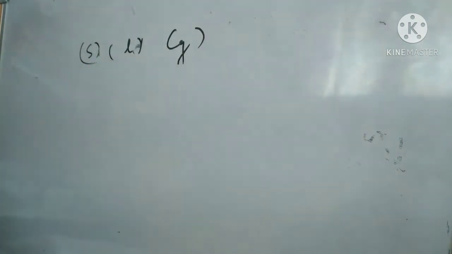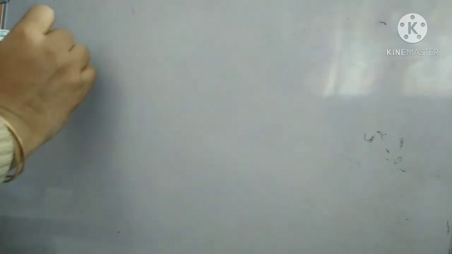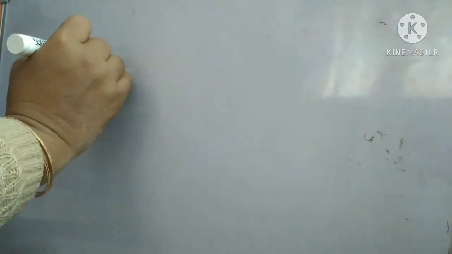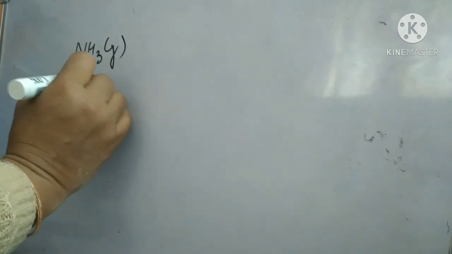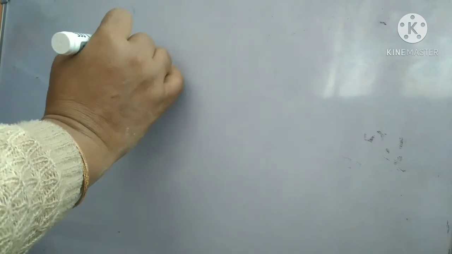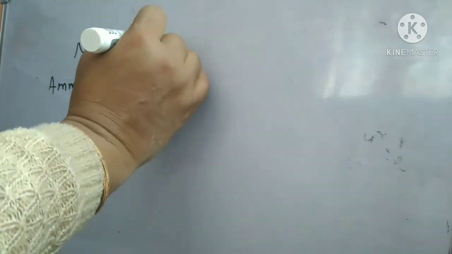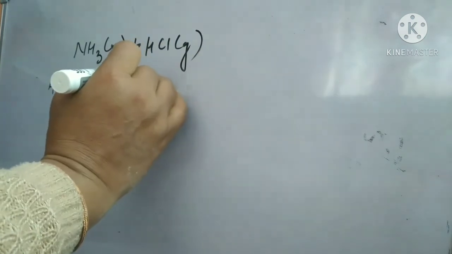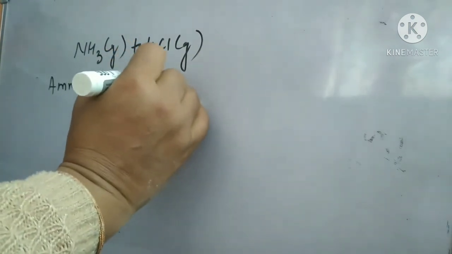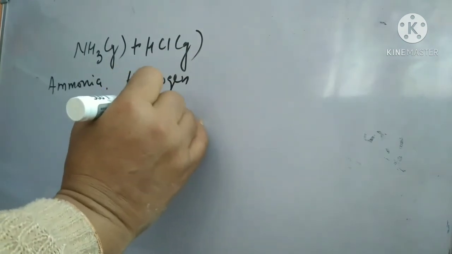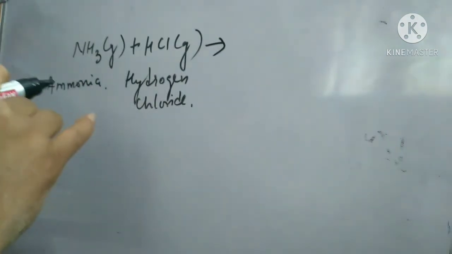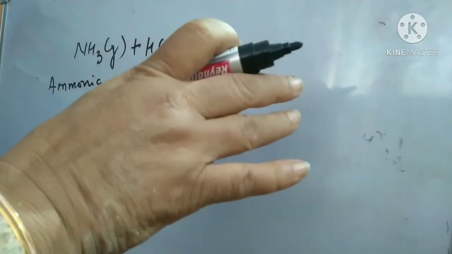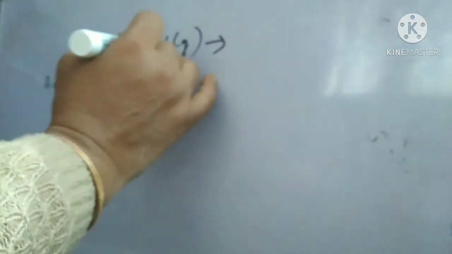So taking one example, that is ammonia, that is a gas, plus hydrogen chloride, that is also a gas, resulting in the formation of a solid, that is your ammonium chloride.